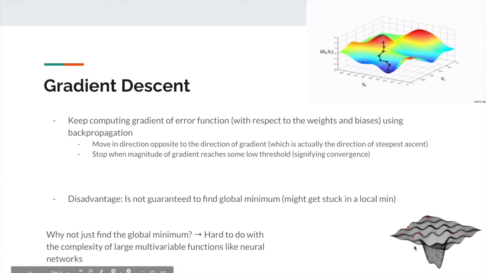As I was saying, you can have neural networks with 1,000 different parameters, and so finding the global minimum of a function that depends on that many variables can be quite challenging. So that's why we use iterative processes like gradient descent.